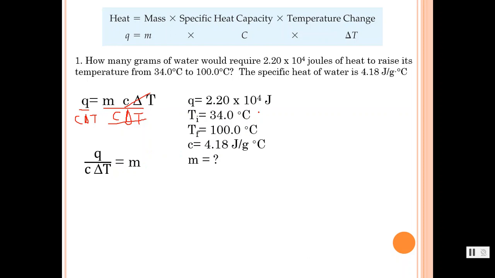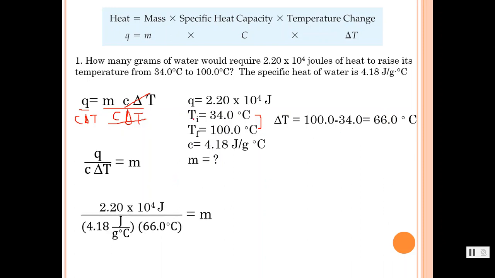Before I start plugging in, though, I have to first calculate my change in temperature, which is always final minus initial. Doing that gives 66.0 degrees Celsius. So using that delta T, along with the heat that I was given and the specific heat that I was given, I plug in my values appropriately.